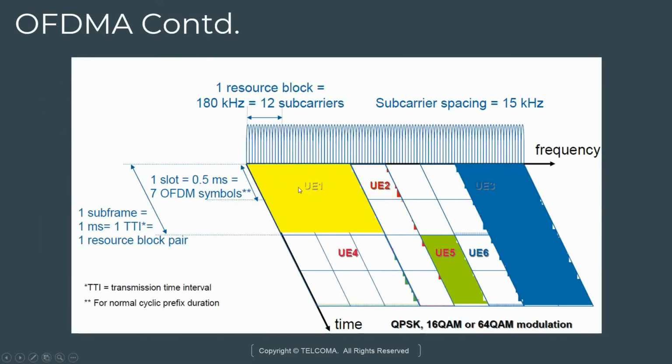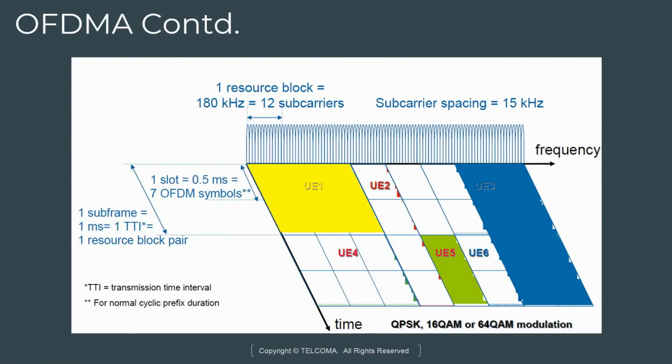Here's another way of looking at the same concept. Here you have frequency domain on this axis, time domain on this axis, and your different subcarriers, right? Your subcarrier spacing is 15 kilohertz. There is a concept of one resource block, which refers to 12 subcarriers, which equates to 180 kilohertz.